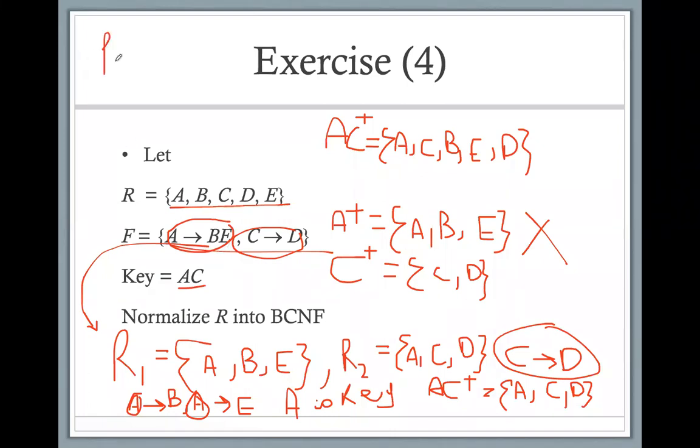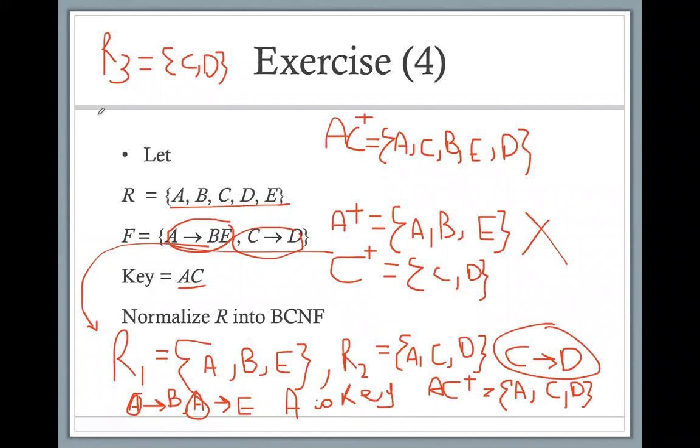So I'll have a new table R3, which contains C and D, which is this closure of C, and then you put it in a table.